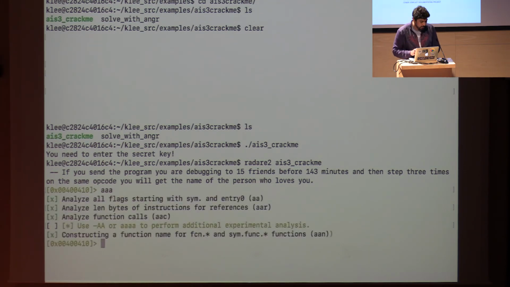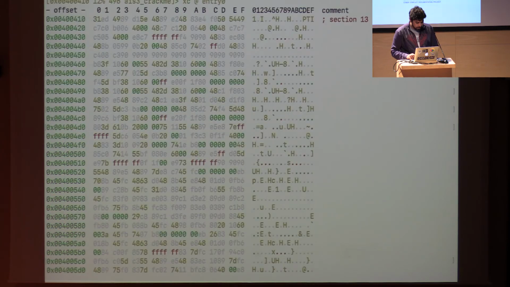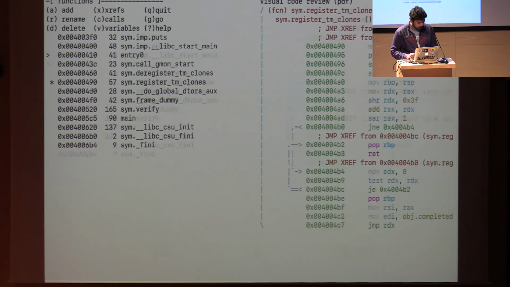So, aaa does lots of analysis on the binary, and then afl prints all the functions in this particular binary, and main is always a good starting point, right. So, we would go to main.